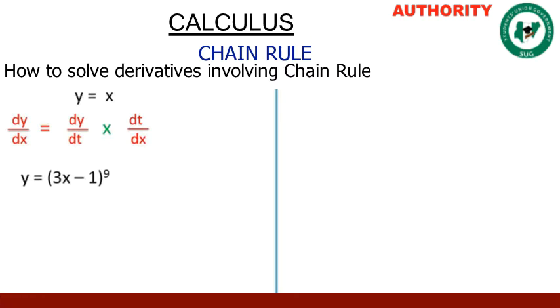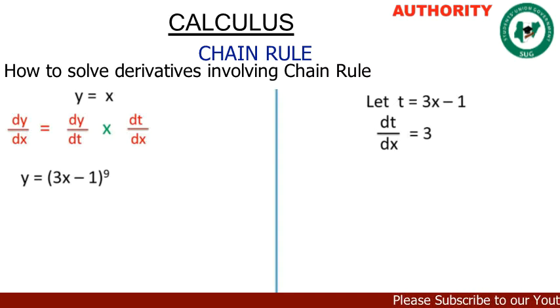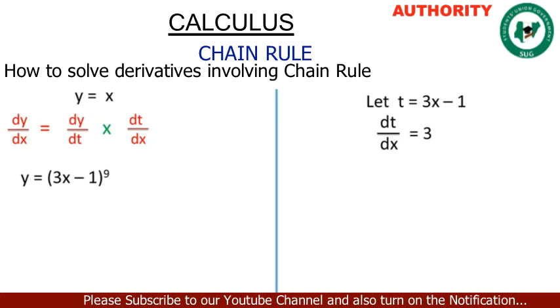Now here what we are going to do is this. We are going to say let t equal to 3x minus 1. You see the 3x minus 1 in the bracket? Let it be called t.